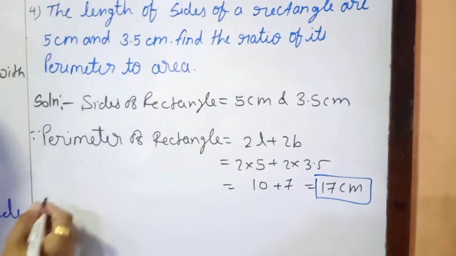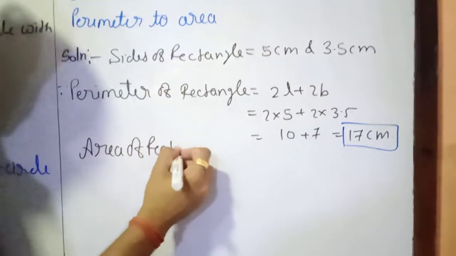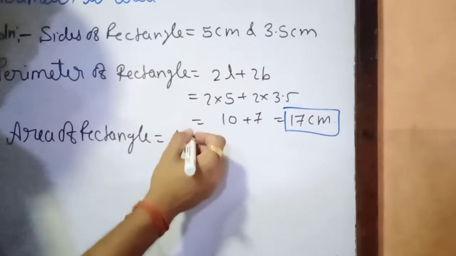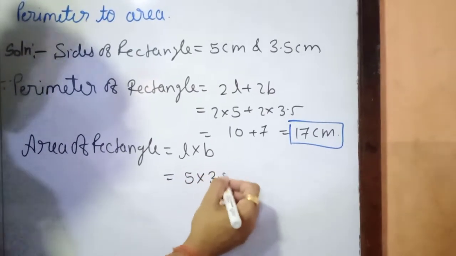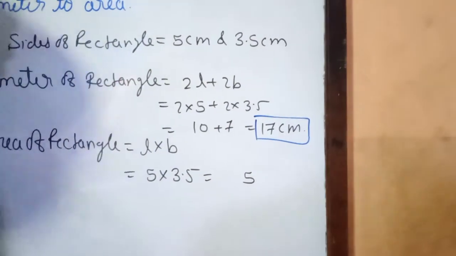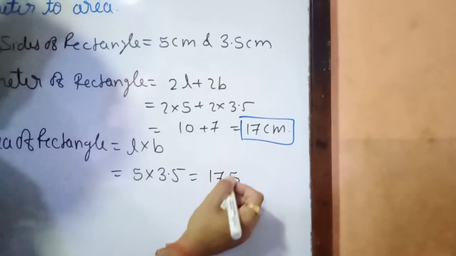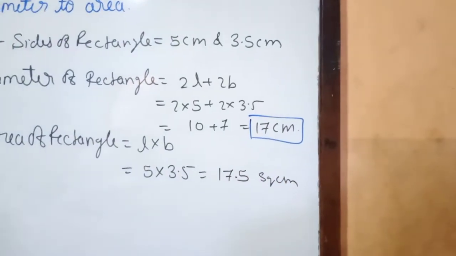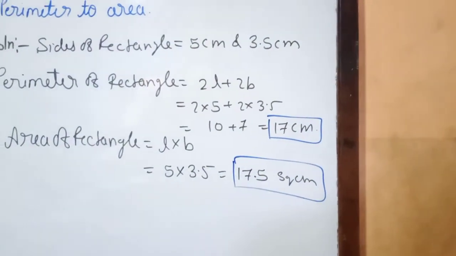Now we have to find out the area of rectangle. What is the formula for that? Length into breadth is equal to 5 into 3.5. Multiply it. 5 fives are 25. 2 carry. 5 threes are 15 plus 2, 17. 17.5 square centimeter. That will become the area of rectangle.